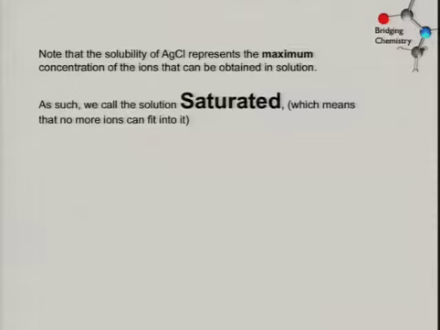You can't get more silver ions and chloride ions into that solution. You've reached equilibrium unless you heat it up, and then everything changes. You keep the temperature the same, you can't dissolve any more solid in that solution. And so we call the solution saturated. Right? So in other words, you can't fit any more ions into that solution.